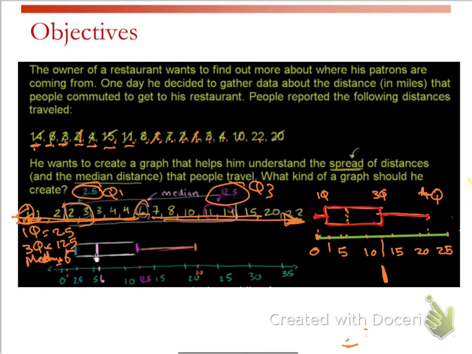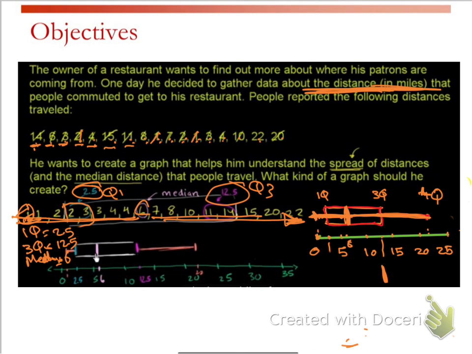This means half of the people are coming from a distance of 6 miles, sorry, not kilometers, 6 miles or less, and the other half are coming between 6 and 22, because this is the median.